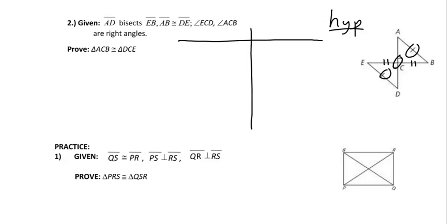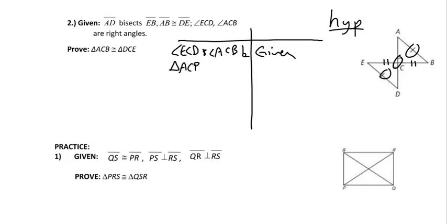First step, let's say that the angles are right. Angle ECD and angle ACB are right, given. Now, since we're going to HL, we're not going to say they are right, therefore they're congruent. We're going to state that the triangles are right.